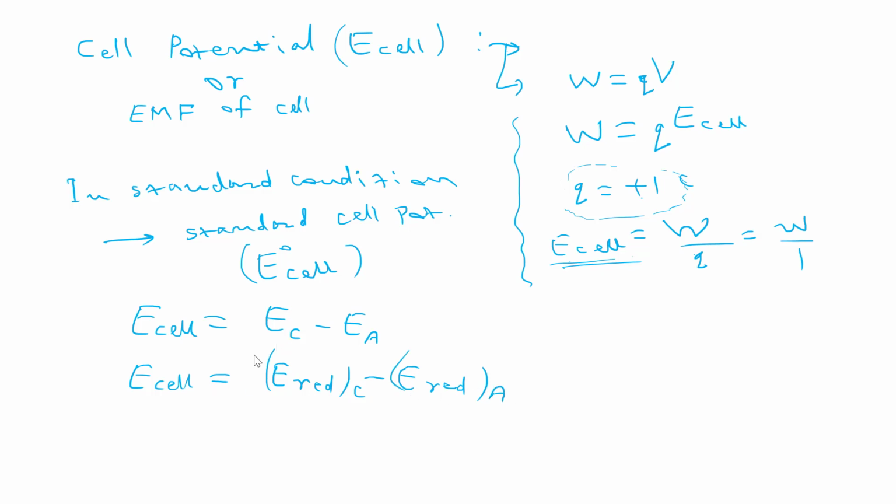We can mention it in this way also, or you can write it as the reduction potential of cathode plus the oxidation potential of anode.